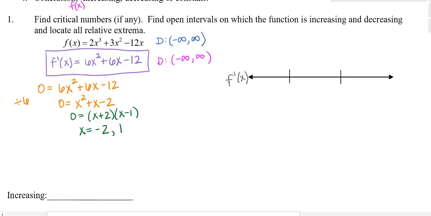We're going to have a number line that looks similar for second derivative, but those conclusions are going to be concave up and concave down, so you'll want to make sure you know which number line you are on, first derivative or second derivative test. And then I will label on this number line my x values where my derivative was 0. So I will put a negative 2 and a 1. And I would also at this time put on any domain restrictions. I don't have any domain restrictions, so that's it.